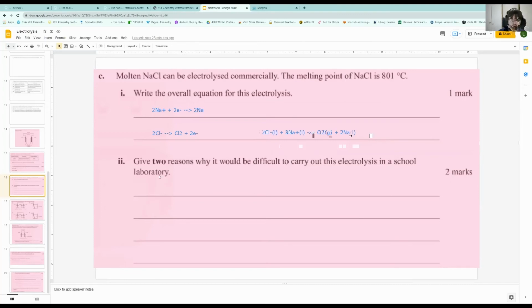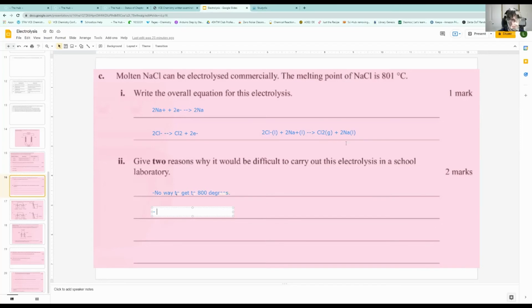All right, give 2 reasons why it would be difficult to carry out this electrolysis in a school laboratory. There are quite a few things you can say here. Number 1, melting point is 800 degrees. So no way to get to 800 degrees is a fair enough statement there.